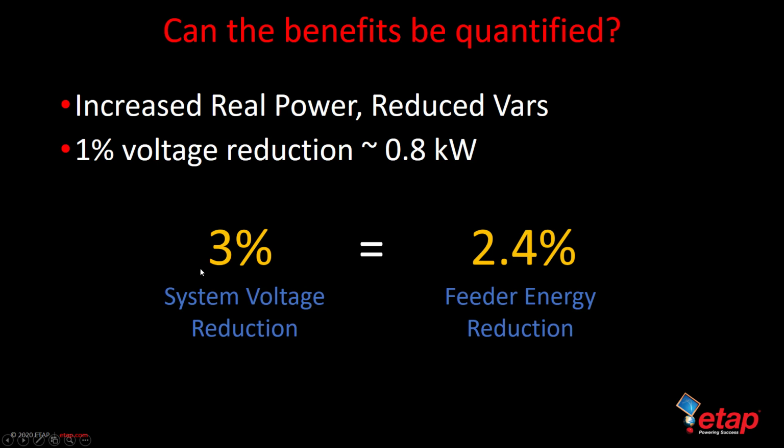So for a system voltage reduction of about 3%, you can expect the feeder energy to be reduced by about 2.4 to 2.5%. These are just baseline numbers that can get you started in terms of providing a conceptual feasibility for the project. But of course, detailed analysis per system, per feeder, can give you more exact numbers. And we'll take a look at that through a few examples.